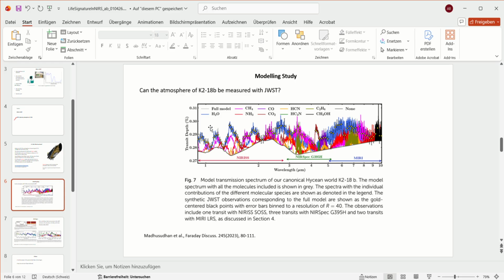But you can see there is a full model with assumed gases, and if you fit just the gases alone, you can see what happens, and this has been color-coded. And in the end, you have this very complicated part of the spectrum where everything is very close together.